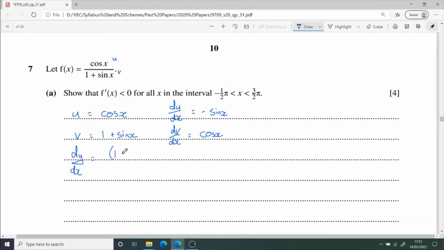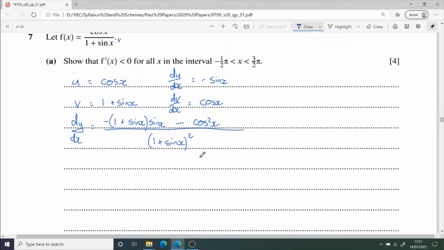and our quotient rule says dy by dx is equal to v du by dx, so 1 plus sin x times negative sin x, minus u dv by dx, cos squared x, all divided by v squared, 1 plus sin x all squared.